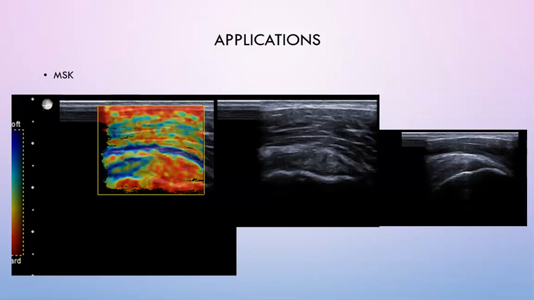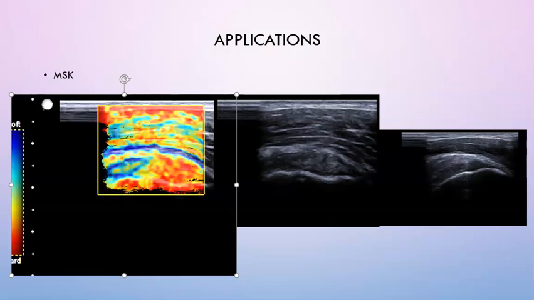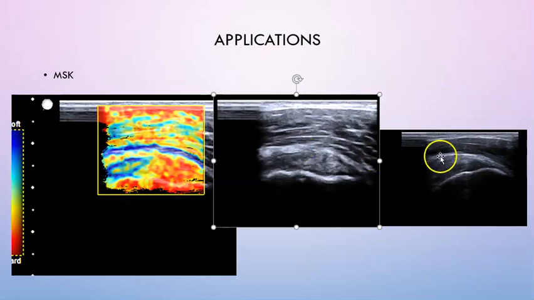Here are some other examples of looking at bursa under ultrasound. I'm going to try to lighten this up just a little bit. There we go. So we can see the tendons in the rotator cuff, and with the elastography you can definitely see the bursa over the top of the tendon.